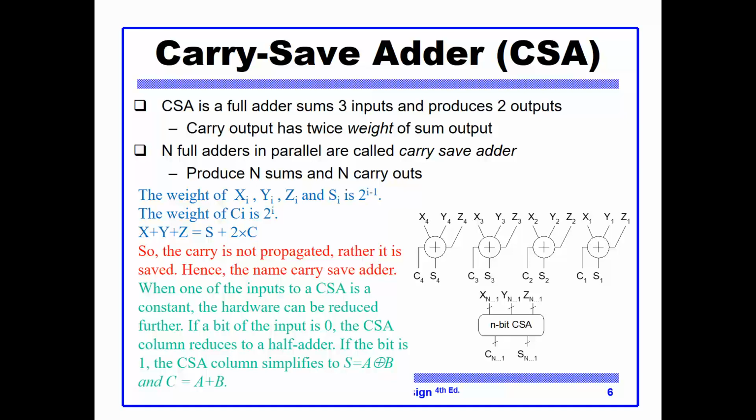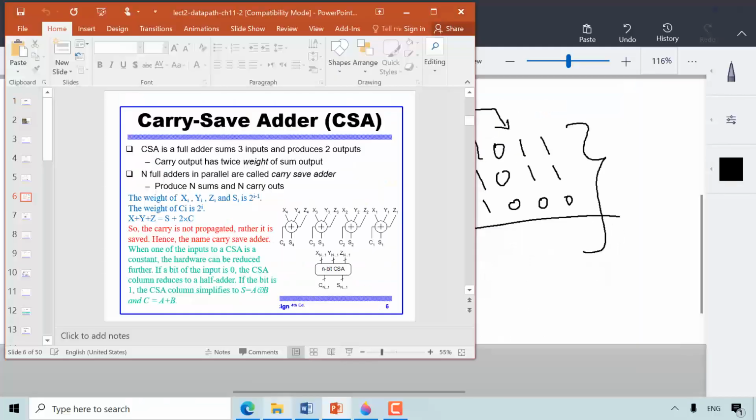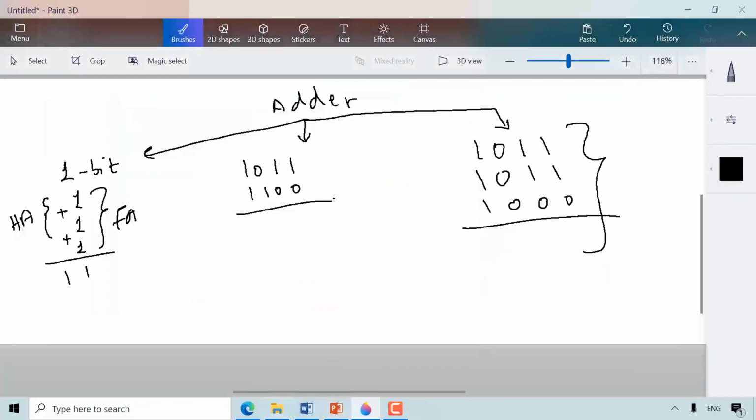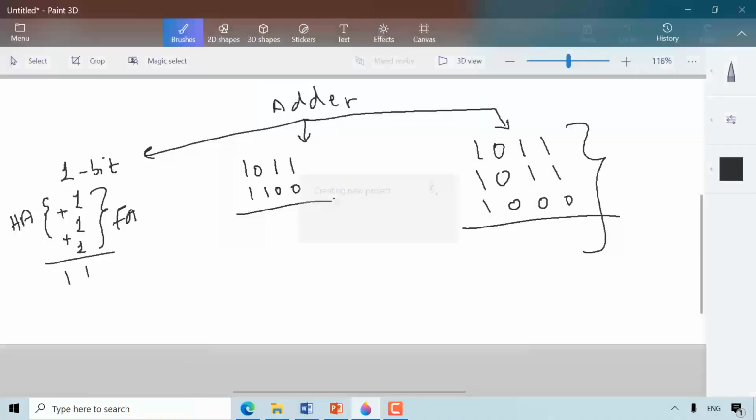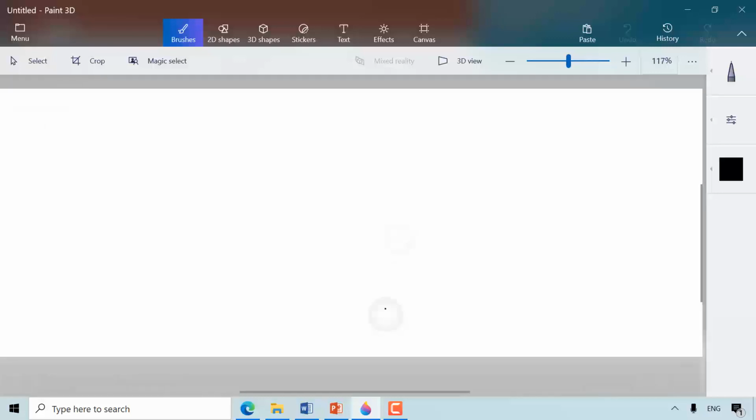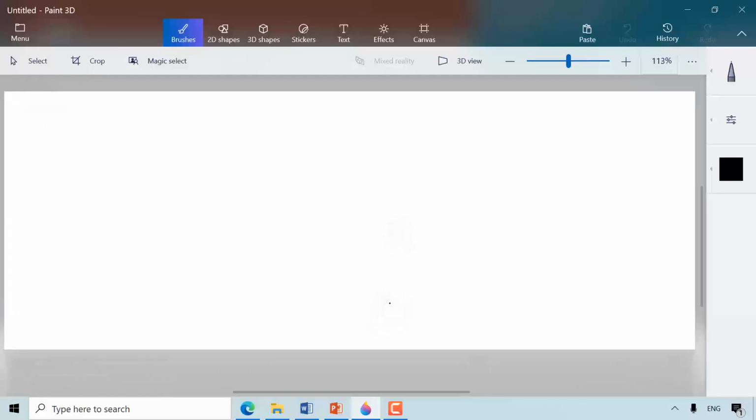One of the methods is that we will compress the number of rows, by a column compressor called carry save adders. Let's go to the whiteboard quickly and explore the idea behind this method. If you have multi-bit numbers, I'm representing a number here with a line.